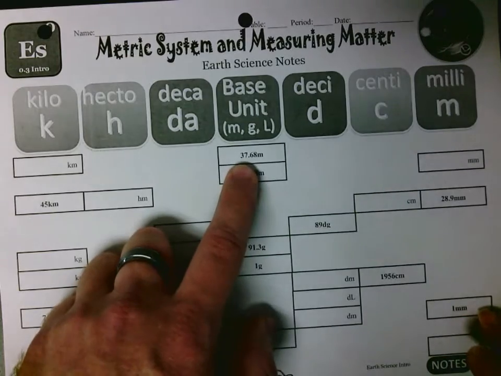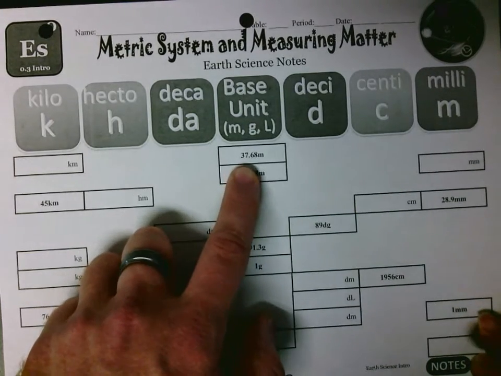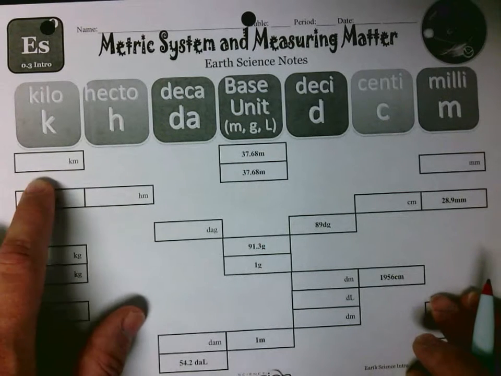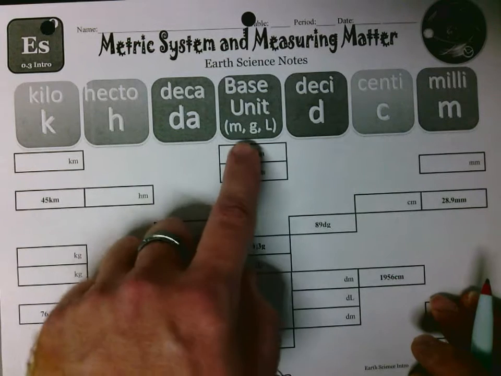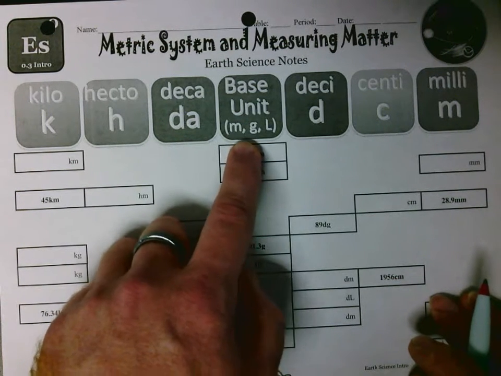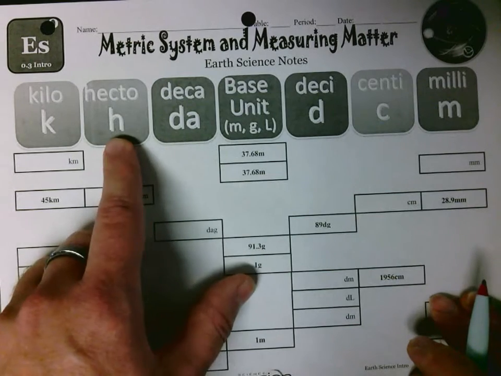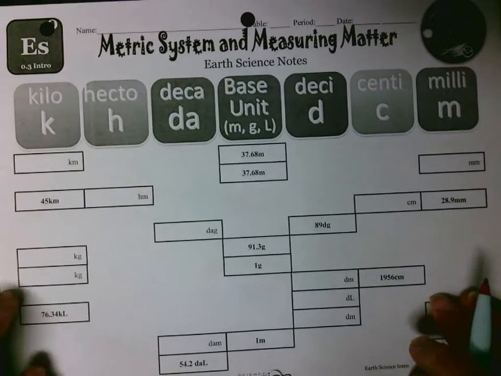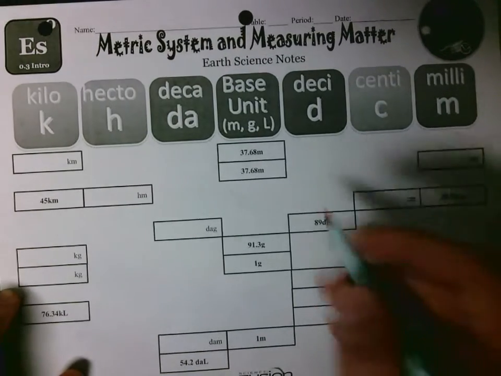Our first example is 37.68 meters, and I'm asked to move it to which prefix? Kilo. So how many places is kilo away from the base unit? 1, 2, 3, and you're right in saying 3. Which direction would I move the decimal point? To the left.